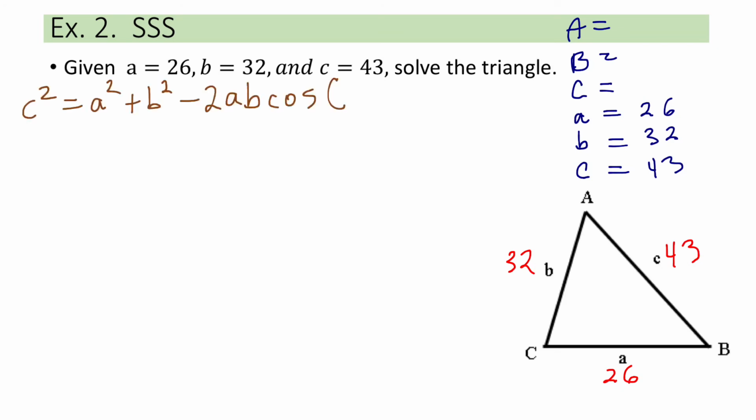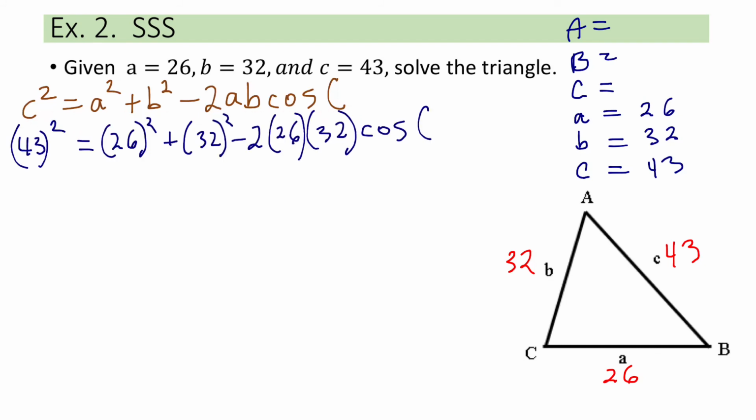Notice that I know all of my sides, which I will fill in. The only thing I won't know is my angle C, which I can solve for. So I'm going to substitute in for what I know, and then solve for the cosine of C.